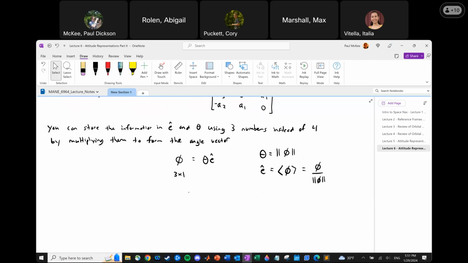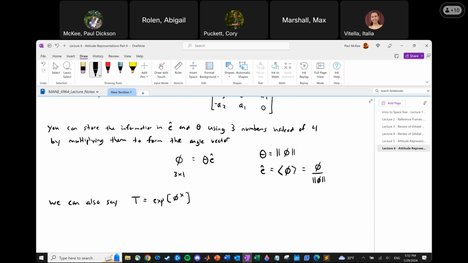Now we can also say that T, our attitude transformation matrix, is the matrix exponential of phi cross.